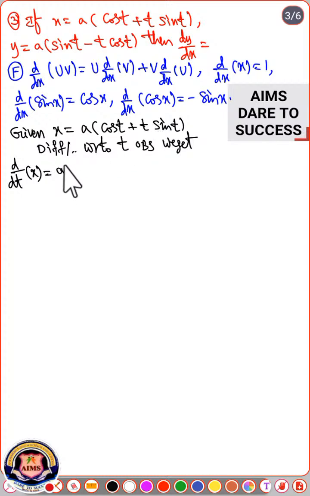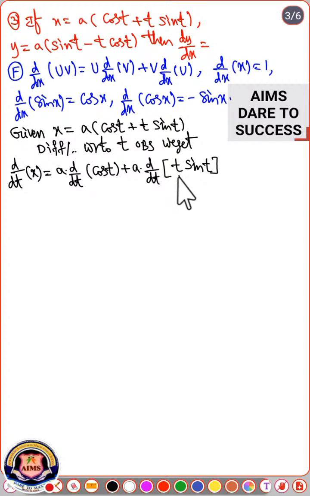So a is the coefficient of cos t and a is constant, so a comes outside into d by dt of cos t. After that, plus a into, for these two values you can apply derivative, d by dt of t into sin t. Here two values are in product form, so first one is u, next one is v.